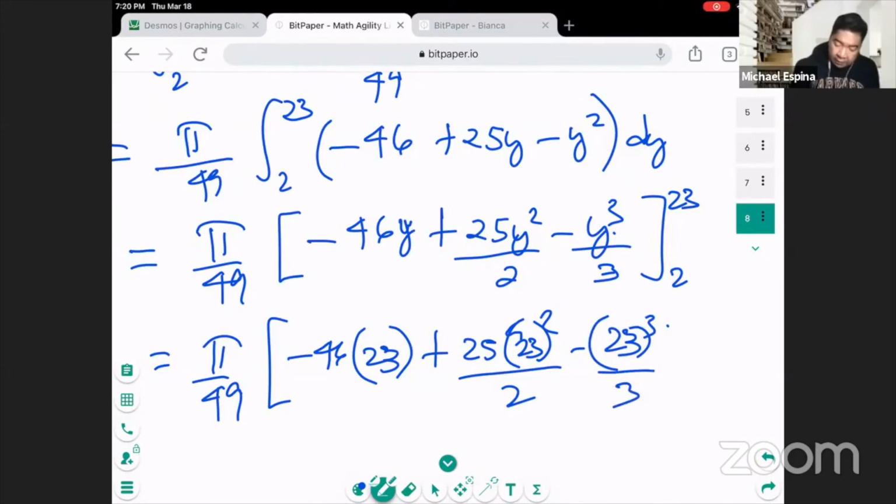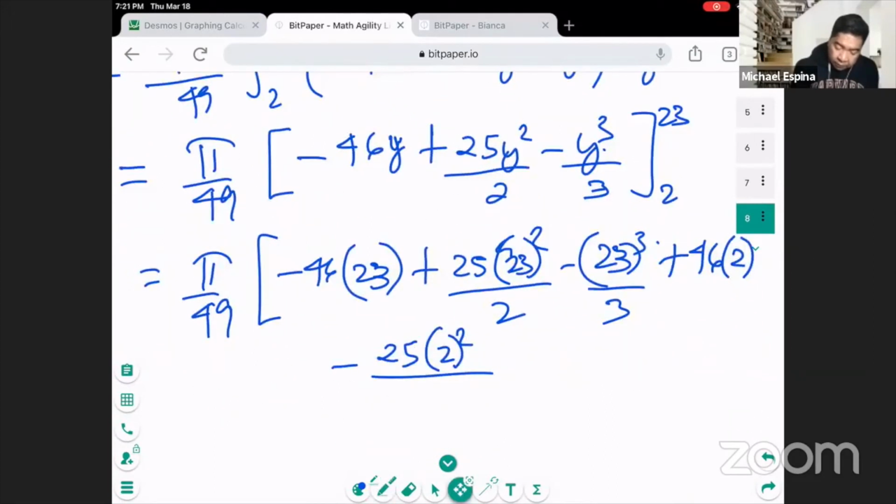And then this becomes plus 46 times 2, right? And then minus 25 times 2 squared over 2, and then plus 2 cubed over 3, right?